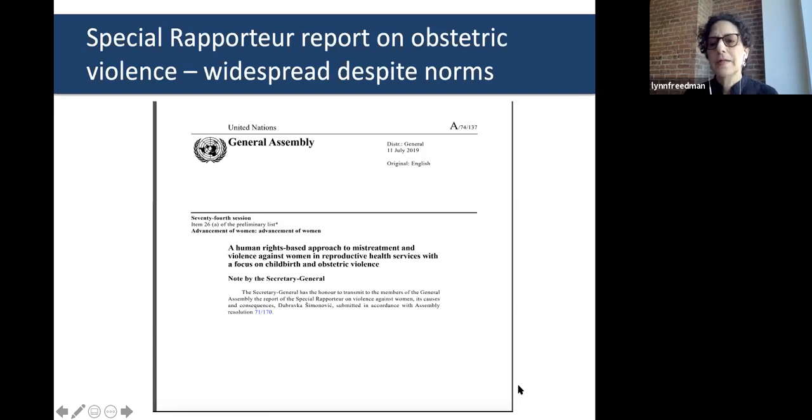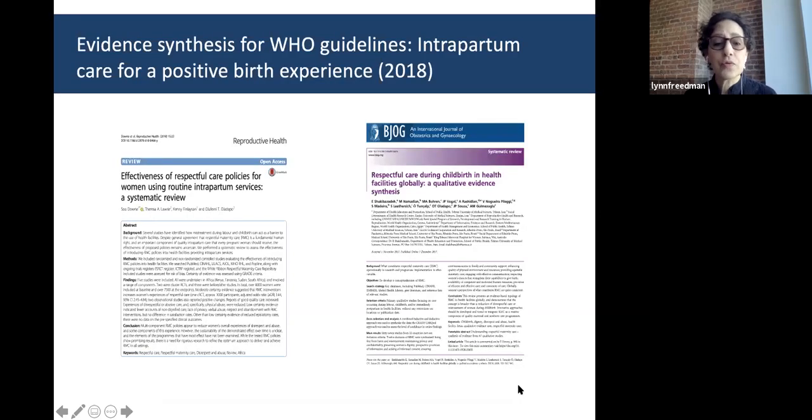We can also look at the evidence that has been systematically reviewed by the WHO as the basis for its guidelines on intrapartum care for a positive birth experience. And the first guideline is about the provision of RMC.